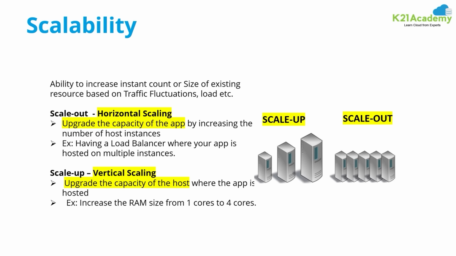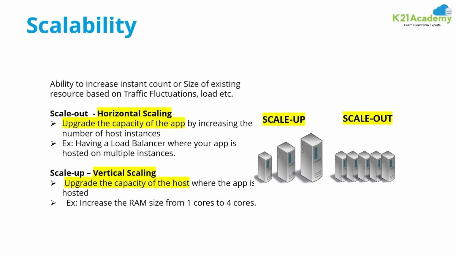So it is known as vertical scaling. I added the resources to the current servers only. Like I have scaled my server from one core to four core. The same server, I added some more cores to it. I have scaled it up vertically. So this is known as vertical scaling.